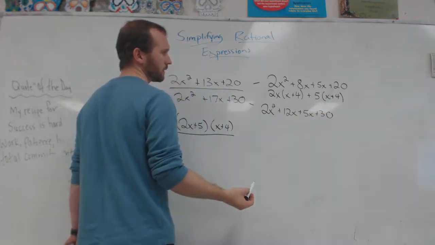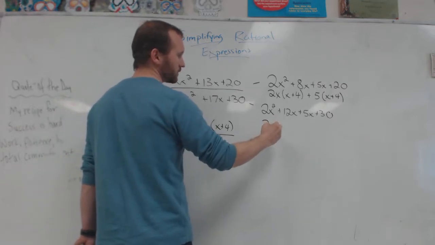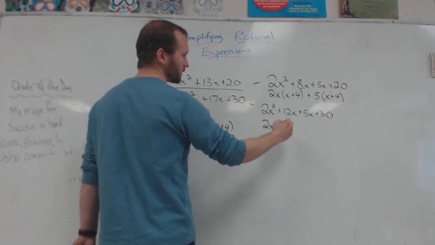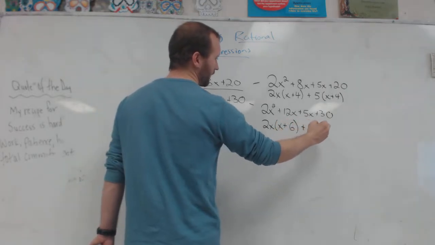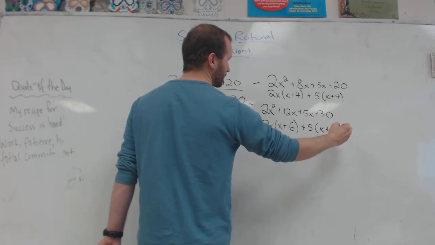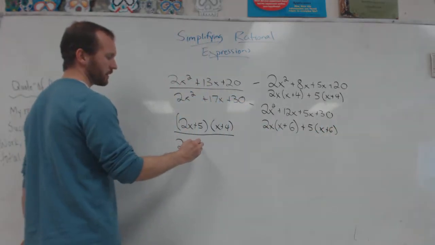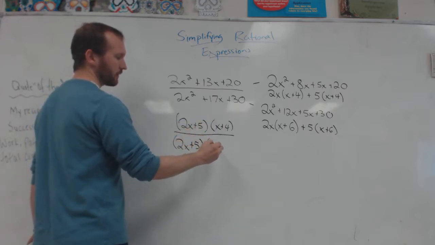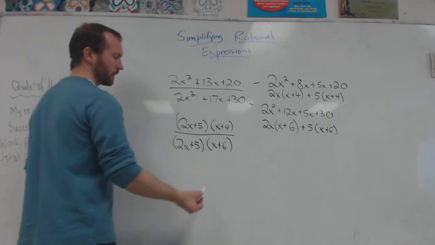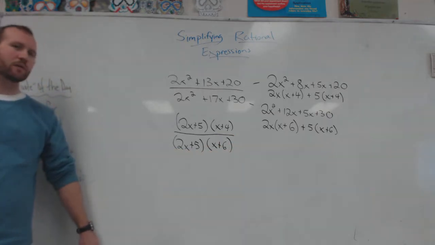Did I do that right? Okay. Pull out 2x from the first two terms, and I have x plus 6. Pull out 5 from the second two. So my factors in the bottom, I'm kind of skipping a step, but just by writing it over here, right? So my factors here come out to be those. Beautiful.